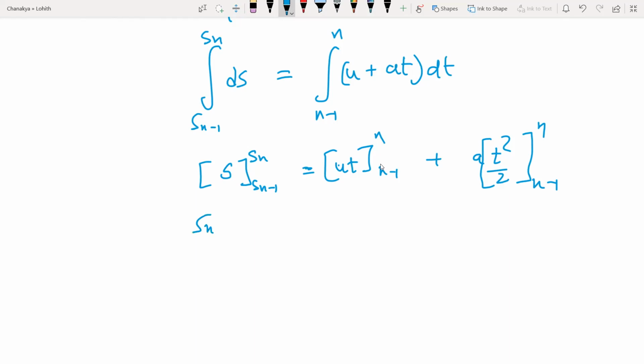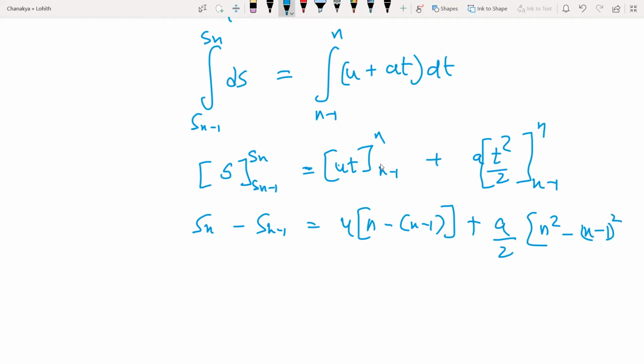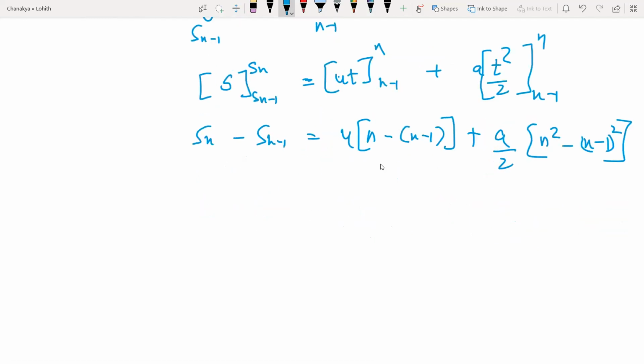So here Sn minus 1, which is u into n minus (n minus 1), plus a by 2 into n square minus (n minus 1) whole square.